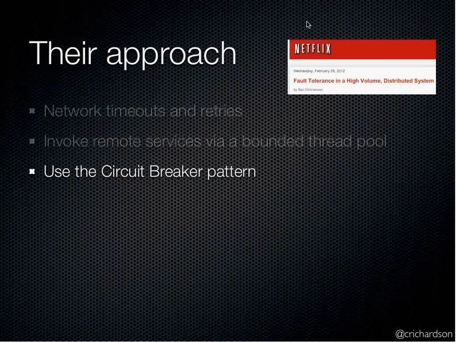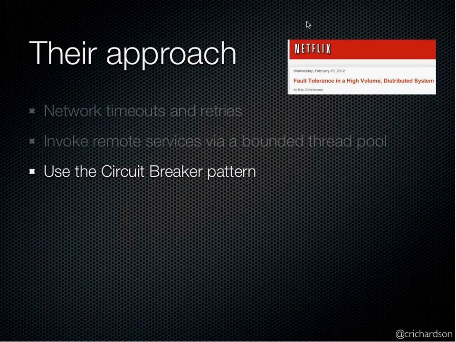And it also gives B a chance to recover. So maybe B is just overloaded, and by having the clients temporarily back off and not actually make any requests, we're giving B a chance to recover. So that's another really critical pattern. So by using a combination of these approaches, you end up with very robust inter-service communication.